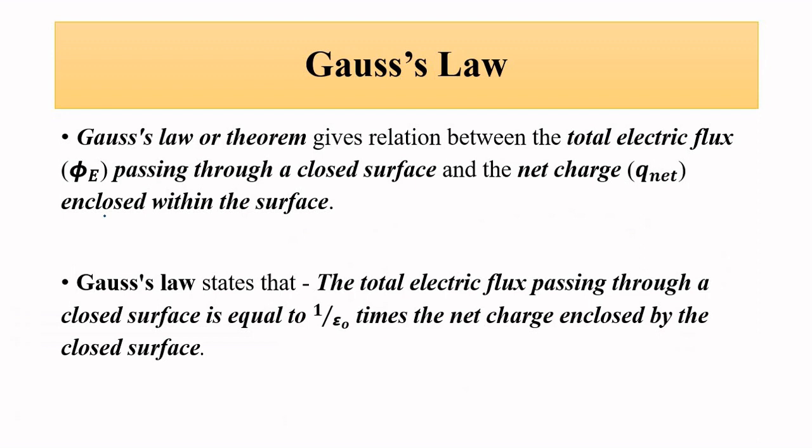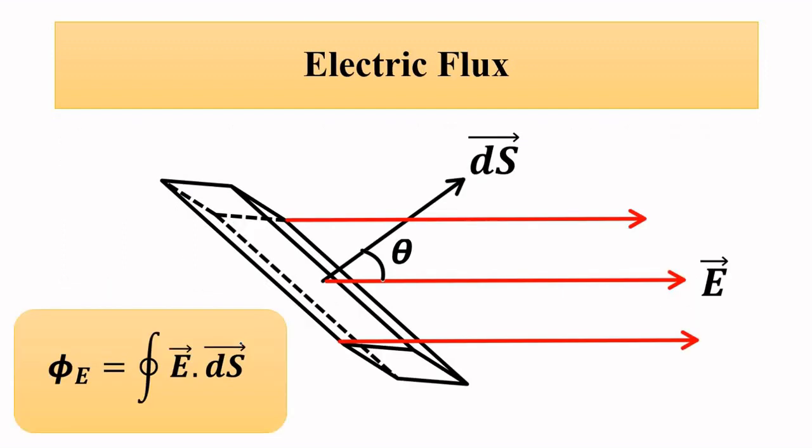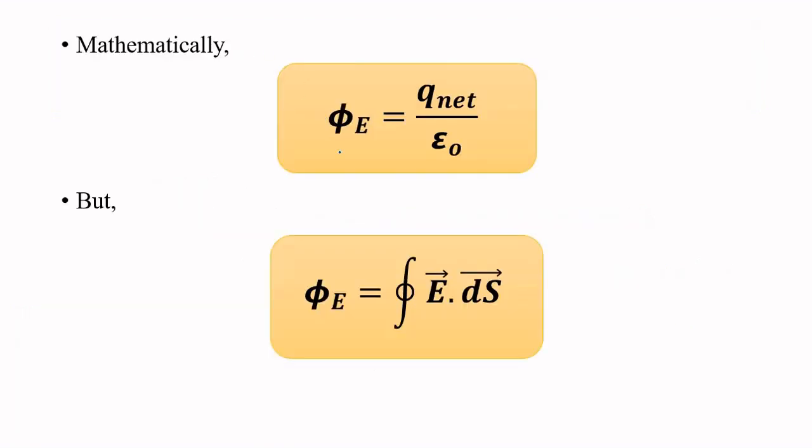Then the statement of Gauss law is that the total electric flux, that is the total number of electric field lines passing through any closed surface, is equal to 1 by epsilon 0 times the net charge enclosed by that surface. This is one way of writing electric flux, and this is the other.